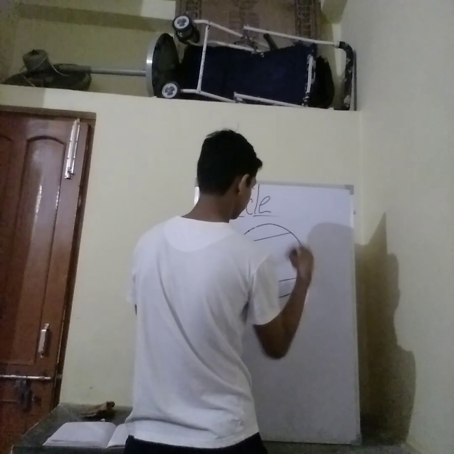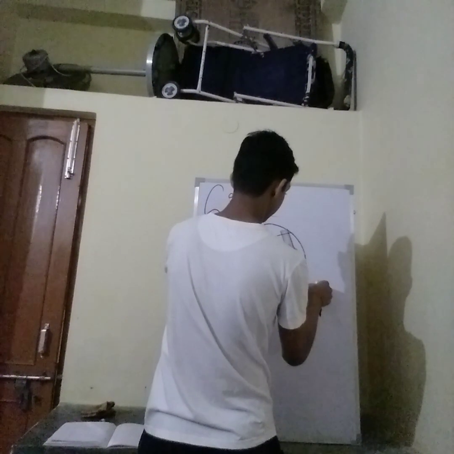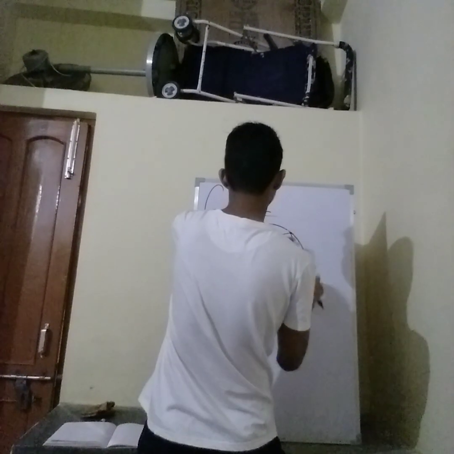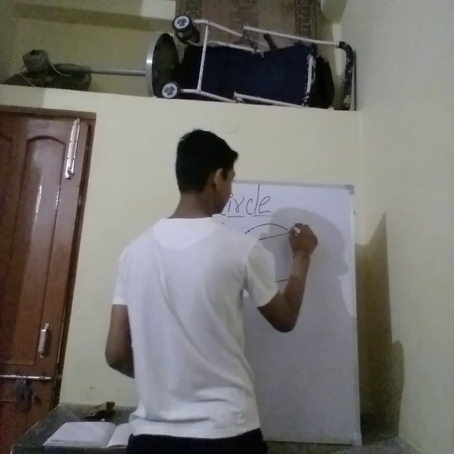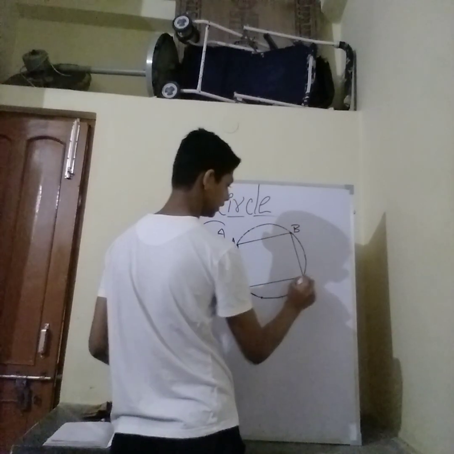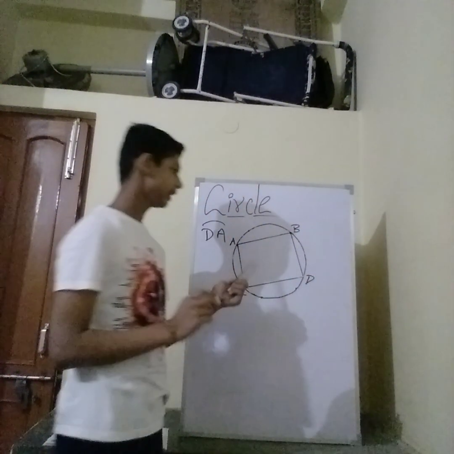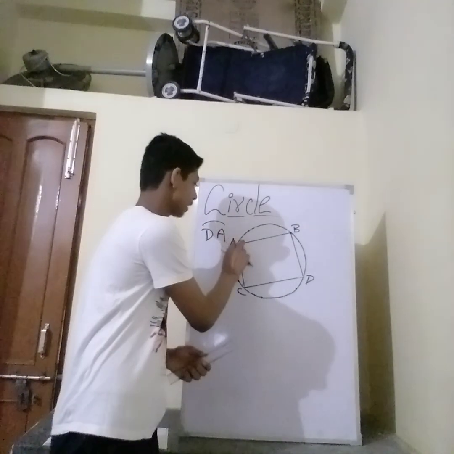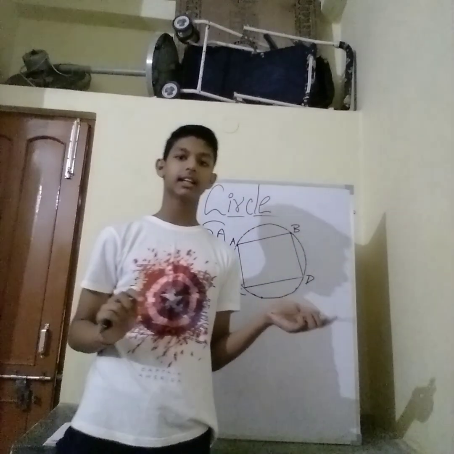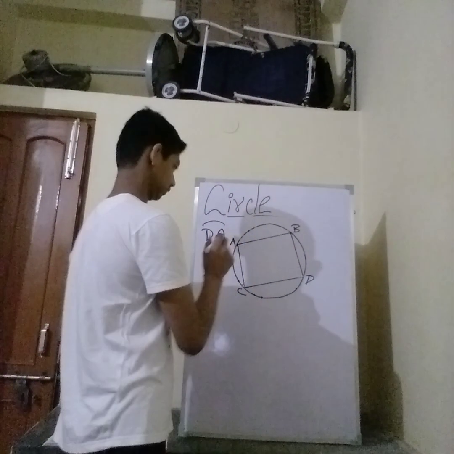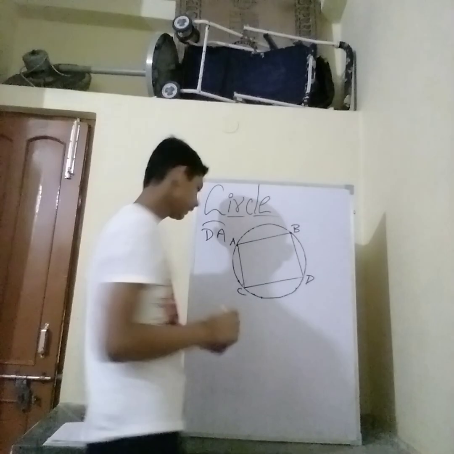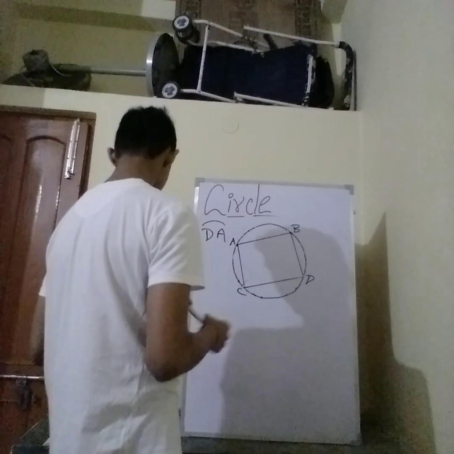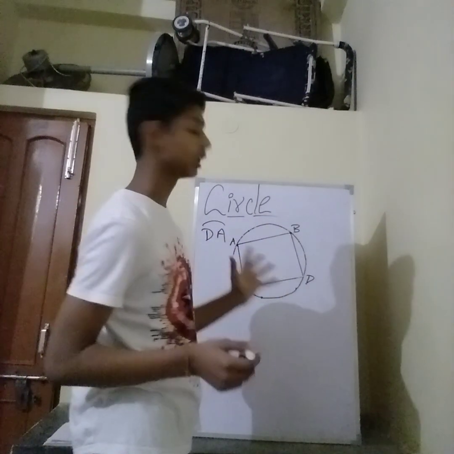These are the vertices A, B, C, and D. If all four vertices of a quadrilateral lie on the circumference of the circle, then it is called a cyclic quadrilateral.